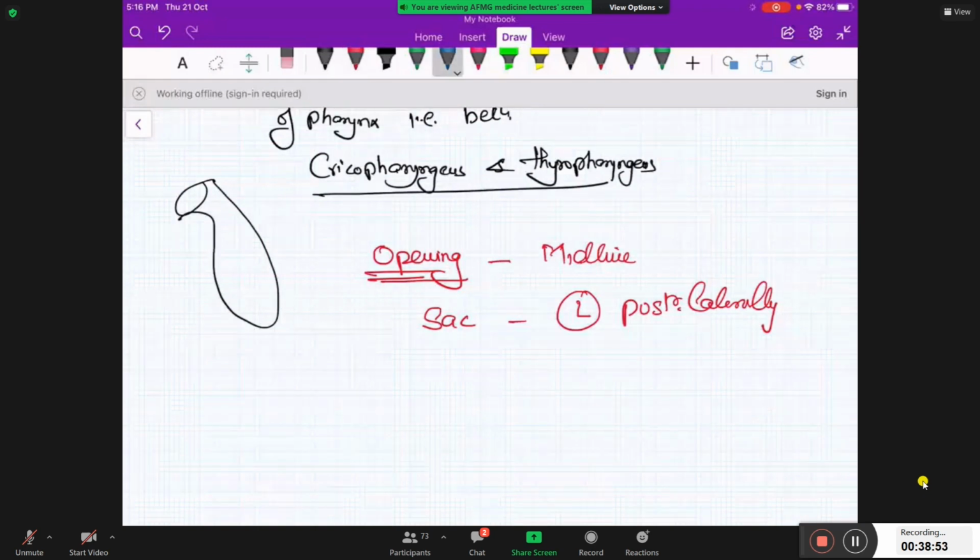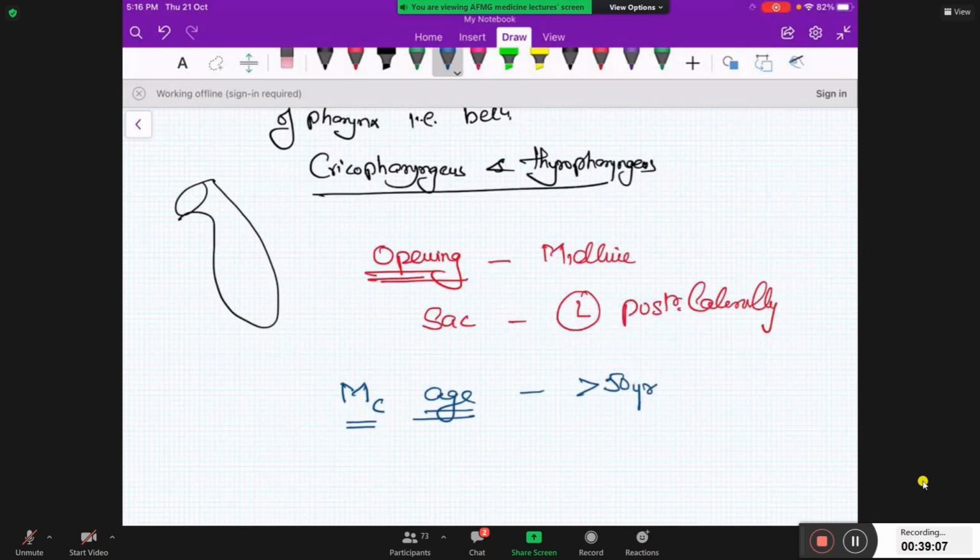Now coming on to presentation. The most common age of presentation of this condition is more than 50 years. Please be careful about this point, that you may be provided a clinical profile where the presentation of a patient is similar to achalasia cardia.